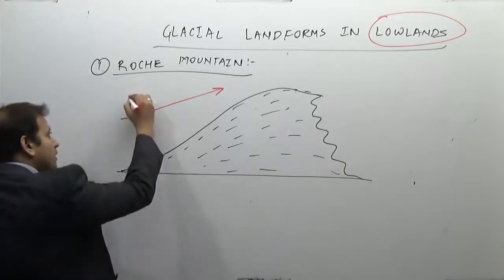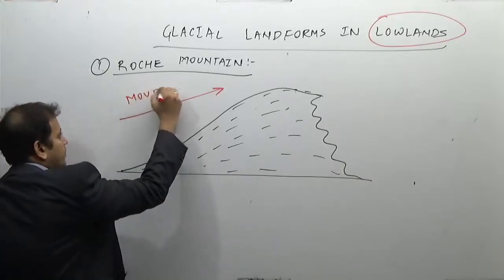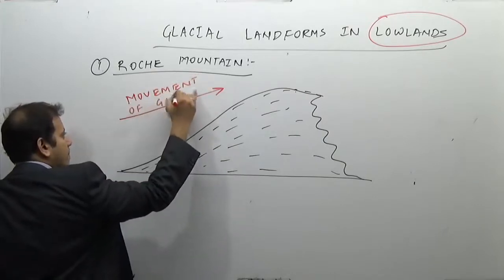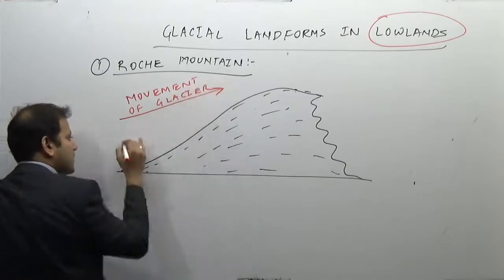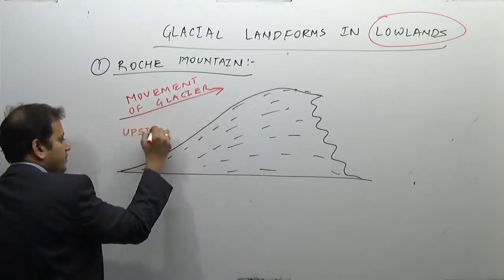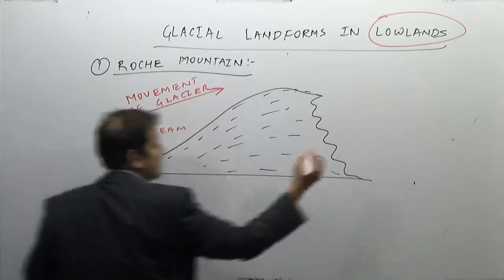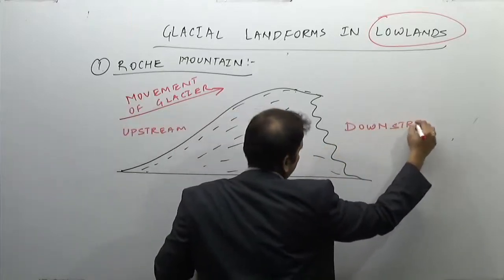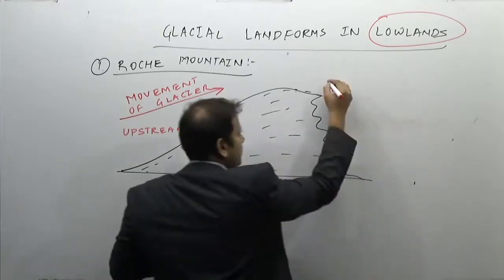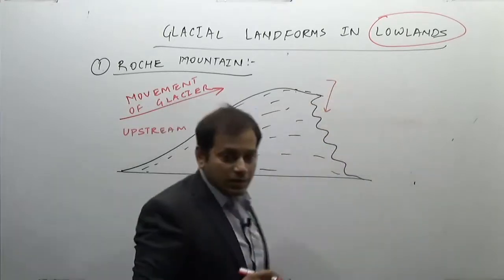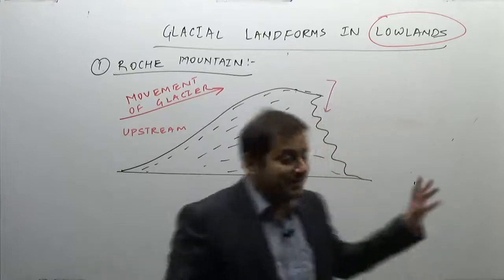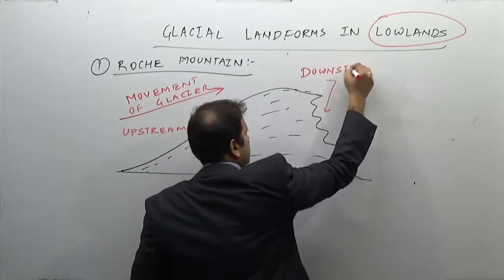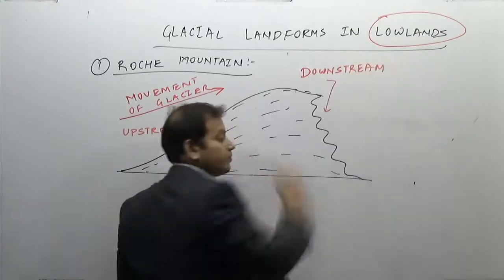So the movement of the glacier is in this direction. This is the upstream side. This is the downstream side.